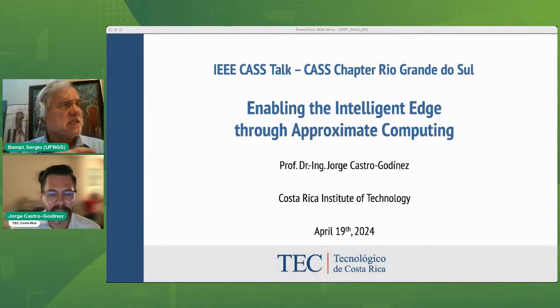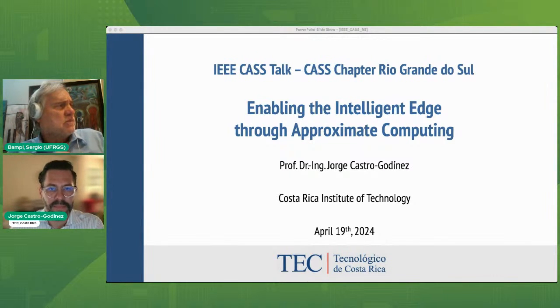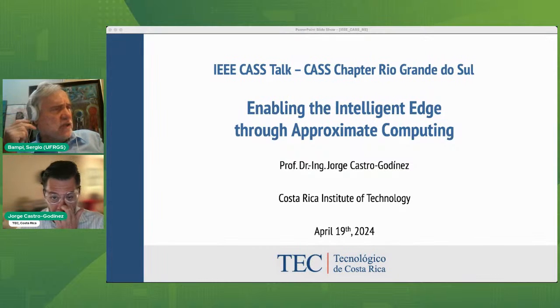He received his engineering and master's degrees in electronics from the same institute in 2011 and 2014, respectively. And he did his PhD at the Karlsruhe Institute of Technology, and he worked on approximate computing techniques. He got his PhD in 2020, and after that, he joined back his institute.